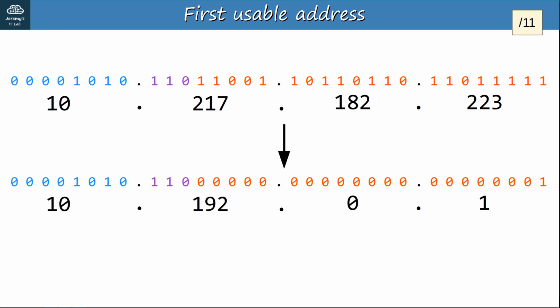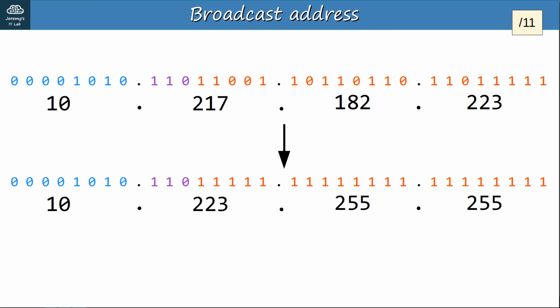Add 1 to the network address, and you get the first usable address, which is 10.192.0.1. Change all of the host bits to 1, and you get the broadcast address, 10.223.255.255. Subtract 1 from the broadcast address, and you get the last usable address.